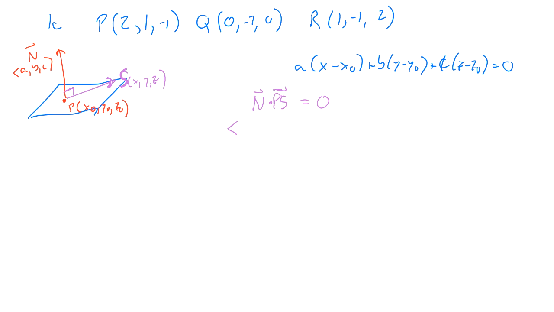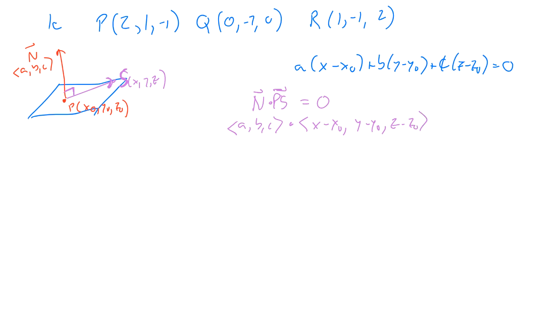Vector n was a, b, c. And vector PS you can find by taking S minus P. So that would be x minus x naught, y minus y naught, and z minus z naught.